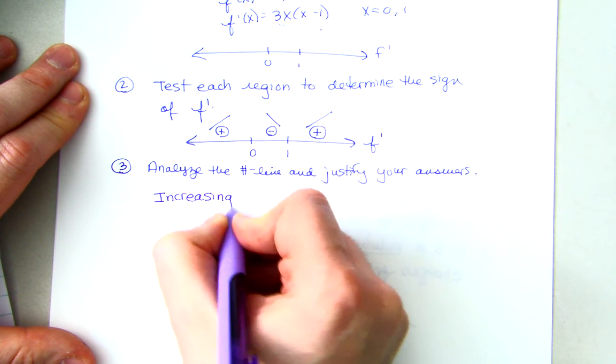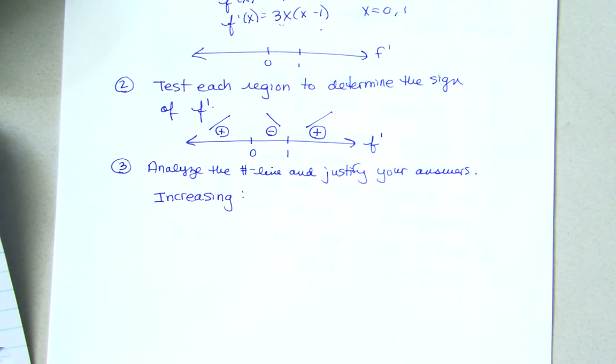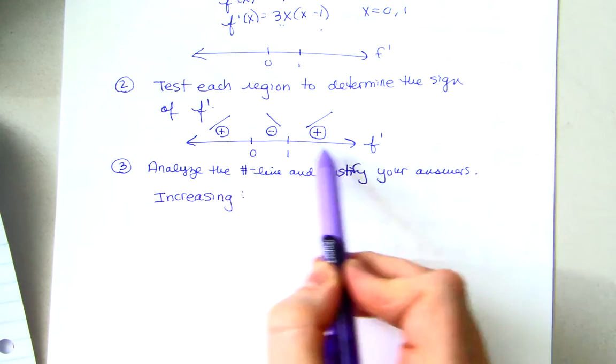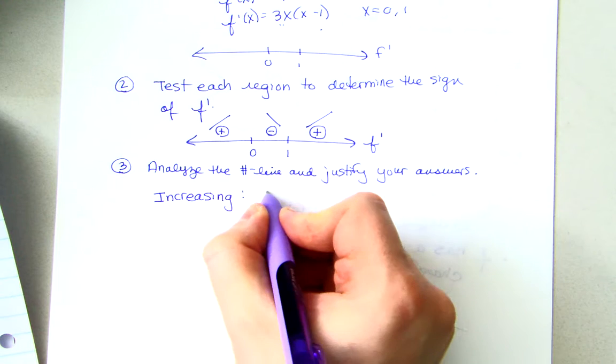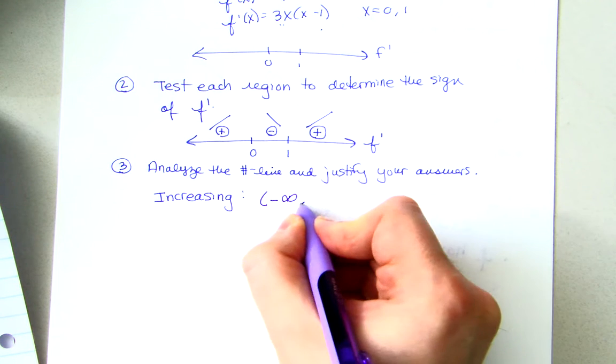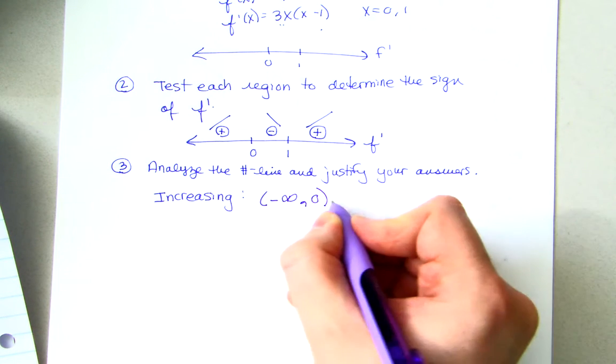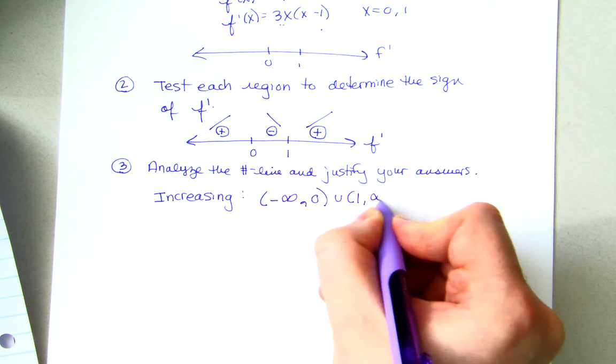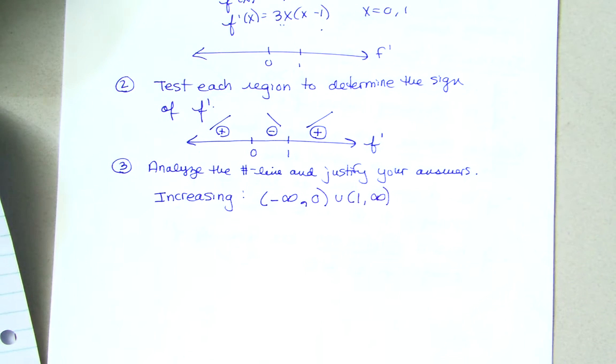I'm increasing where f prime is positive. So I think I'm increasing here and I'm increasing here. I'm going to say that I'm increasing between negative infinity and 0, as well as 1 and infinity, because I see the positive on my number line.